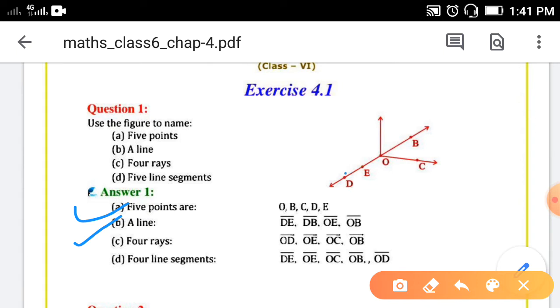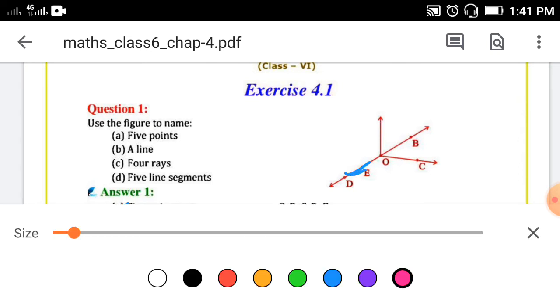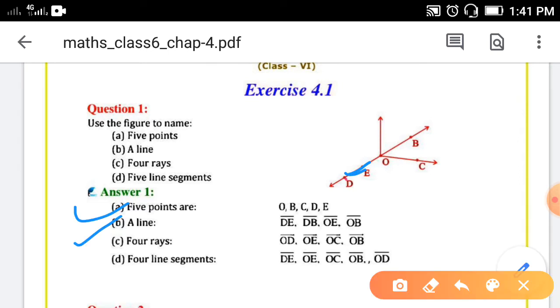First, line DE. Second one, DB. Then OE, and line OB.